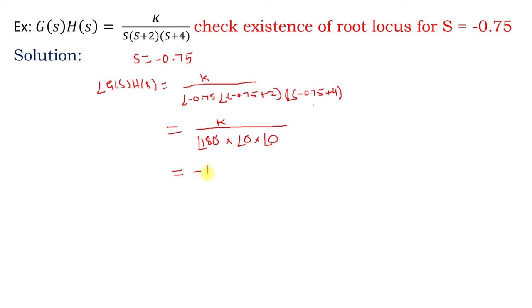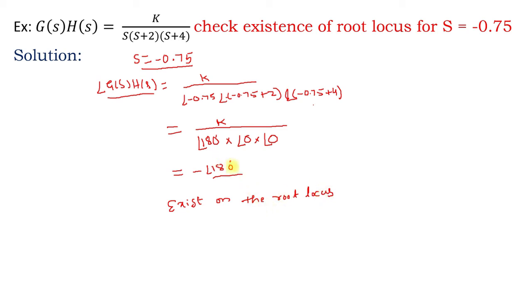Then this is minus 180 degrees. As you know already, if the angle condition of the given transfer function is an odd multiple of 180, then we can say that the given pole exists on the root locus.